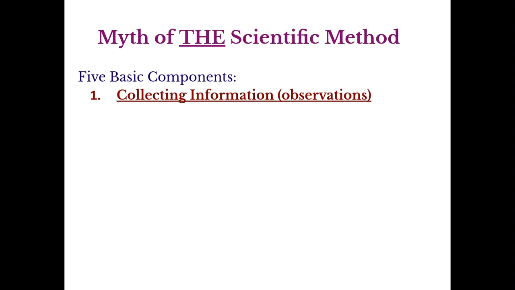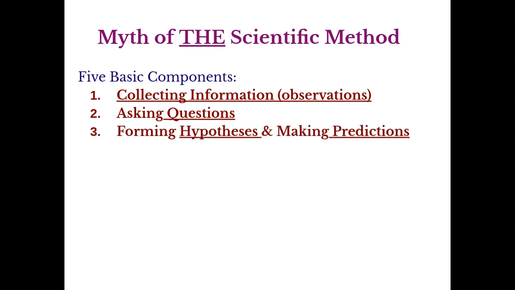So you're going to collect information or observations about a natural phenomenon, and from there, you're going to start to ask questions, right? How does this happen? Why is this occurring? What will happen if I change this? Those questions allow us to start to formulate hypotheses. And then from our hypotheses, we can make predictions, right?